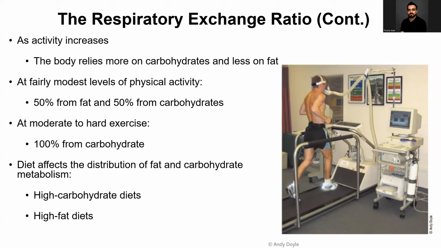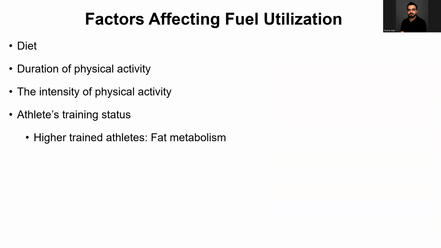And diet affects the distribution of fat and carbohydrate metabolism as well. If we consume high carbohydrate diets, our body burns more carbohydrates because we have plenty of them. And if we consume high fat diets, our body relies on breaking down fats more than other macronutrients.